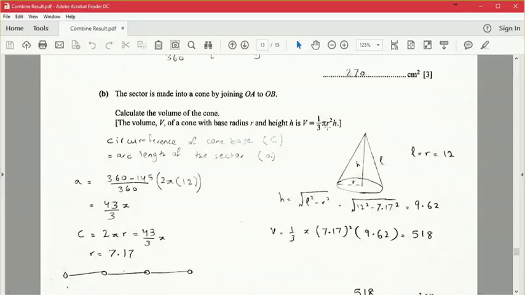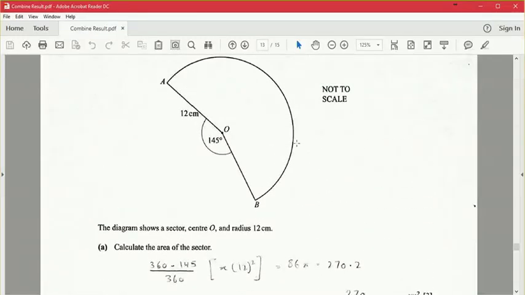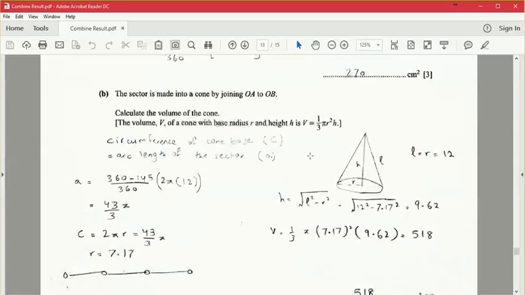And then we need h. So h is really easy if you know that L is the same as the radius of the sector, this one, from O to A, which is 12 centimeters. So L is 12 centimeters and r is 7.17. So we get h, the square root of L squared minus r squared, which gives us h as 9.62.